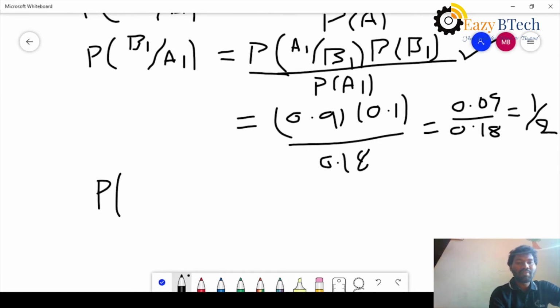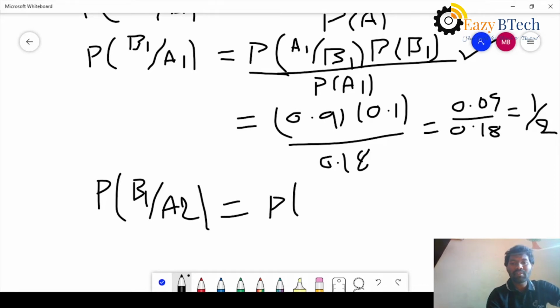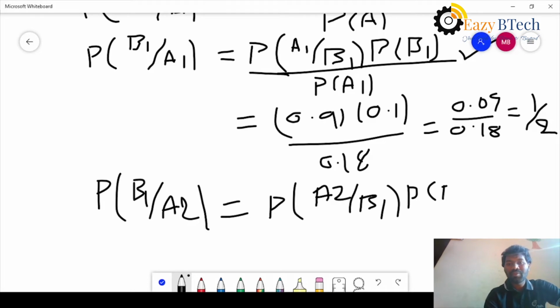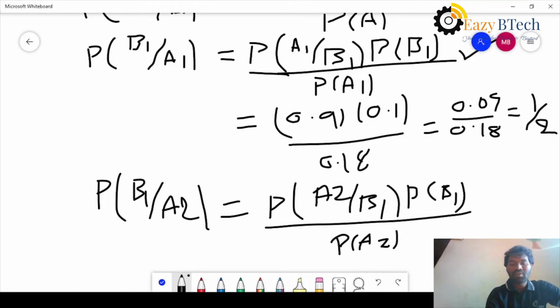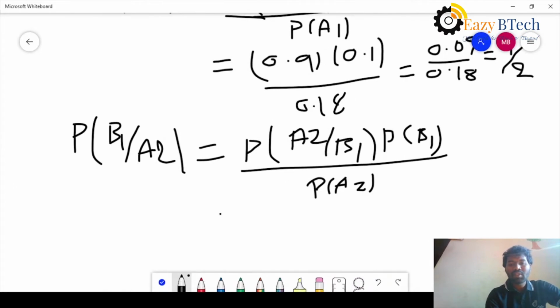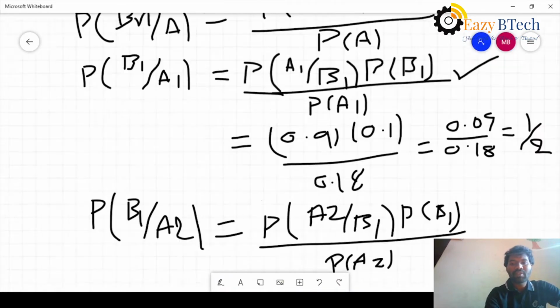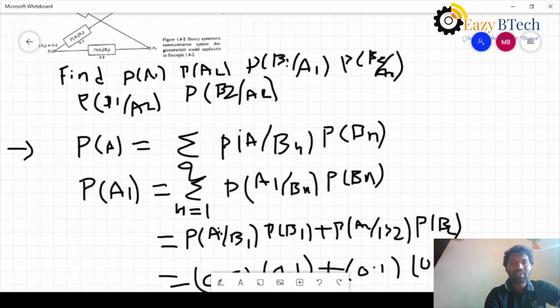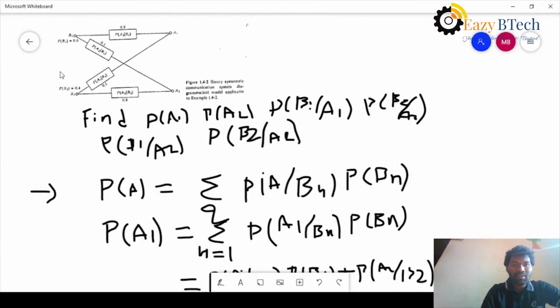Similarly, if you want P of B1 given A2, this is also the same formula. B1 given A2 equals P of A2 given B1 into P of B1 divided by P of A2. So in this way you will find out this one. What is the value of P of A2 given B1? A2 given B1 equals 0.1.